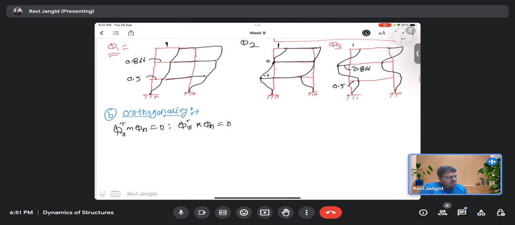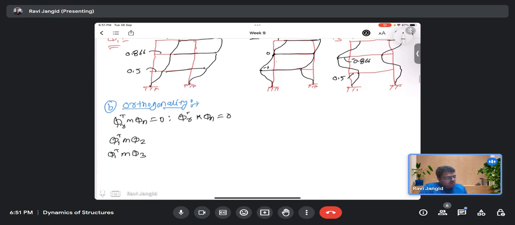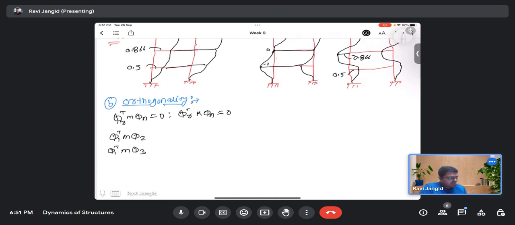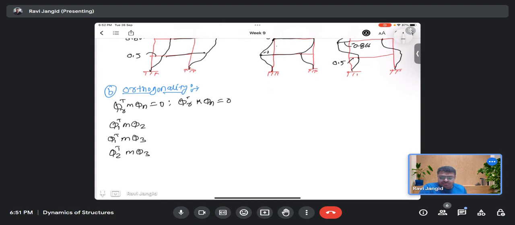Let us do for the mass: phi 1 transpose mass times phi 2, another with phi 1 transpose mass times phi 3, then phi 2 transpose mass times phi 3. This is for the mass matrix.